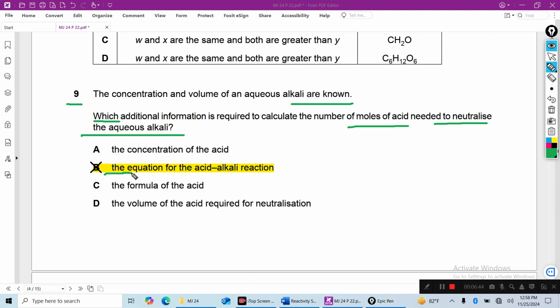The answer is B, the equation for the acid-base reaction. To get the number of moles, you need the equation to know the ratio in which the acid reacts with the alkali. So A is wrong: the concentration of the acid, the formula of the acid, and the volume of the acid required for neutralization are not needed. So B is the correct answer.